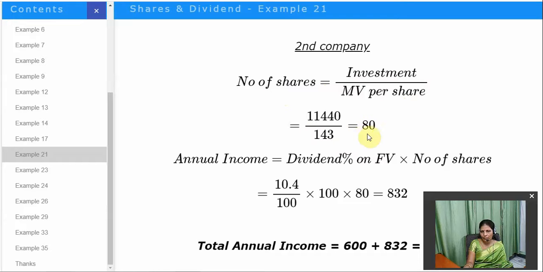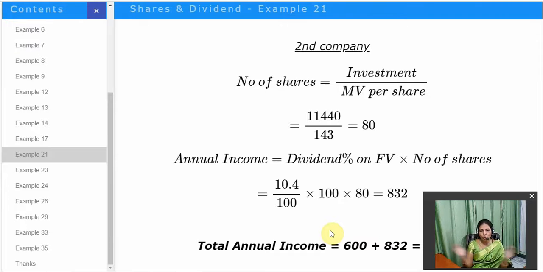Calculate, you get 80. Now 80 you need to substitute here to find the annual income. Annual income is equal to dividend percentage of face value into number of shares. Dividend percentage is 10.4%, face value is 100, number of shares is 80. Substitute, calculate, you get the annual income as 832. Now we found the annual income of the second company.